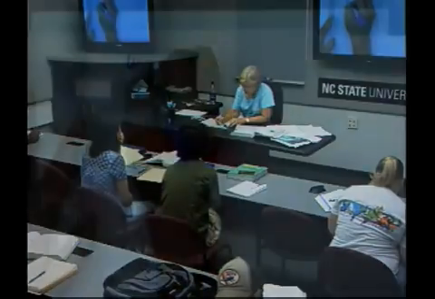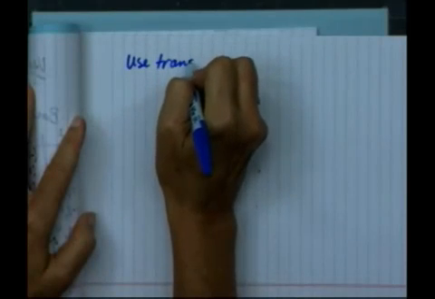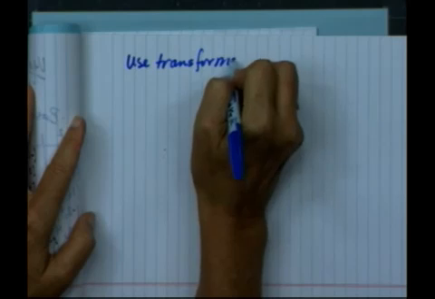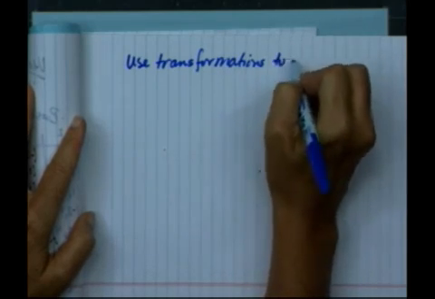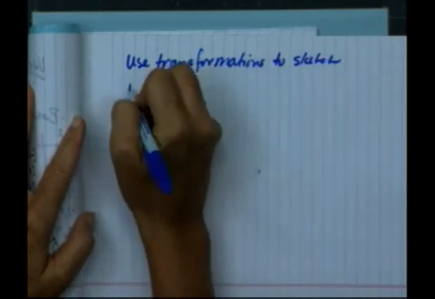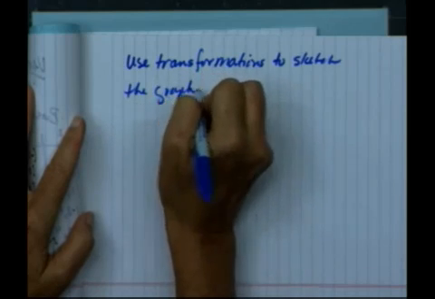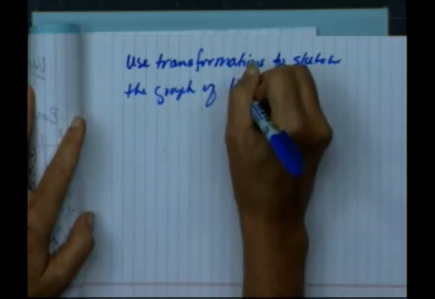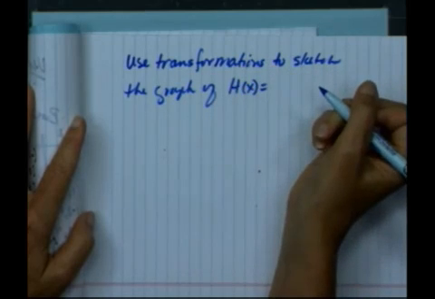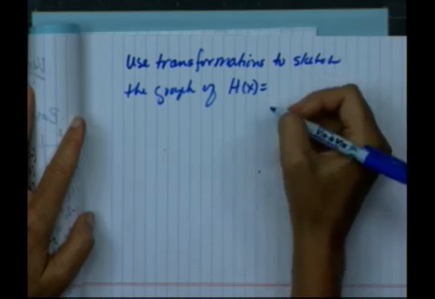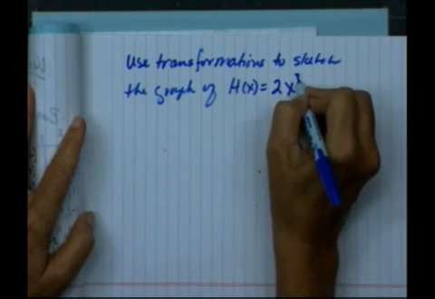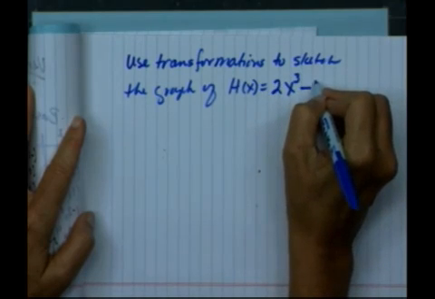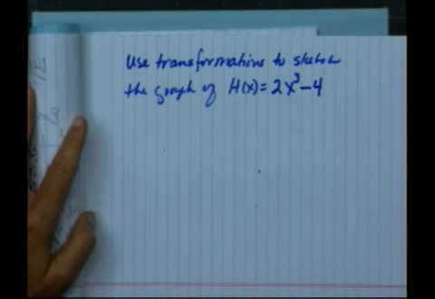So we want to use transformations, also called graphing techniques, to sketch the graph of h of x equals, let's not make it too hard, how about 2x cubed minus 4? 2x cubed minus 4.